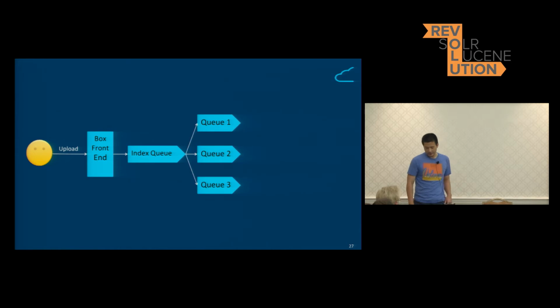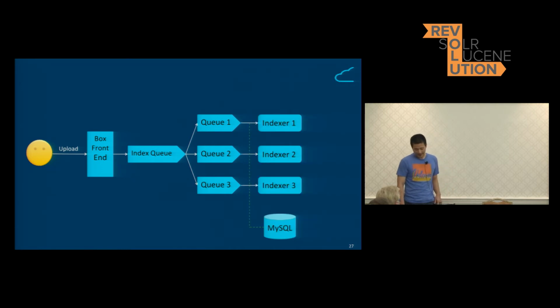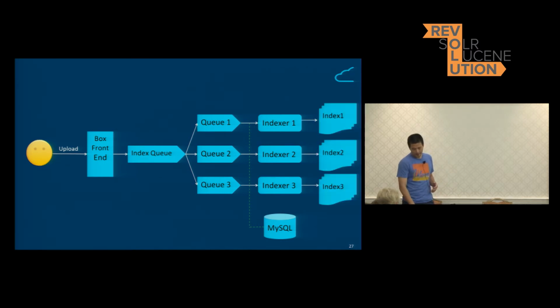The index queue is immediately fanned out to the number of sub-queues that you have. Each sub-queue is monitored by its own indexer. The indexers read popped items from the queue and read the rest of the information from MySQL or file storage or whatever the source of the data is, and then make a Solr request to Solr, and it becomes part of the indexes of its own.